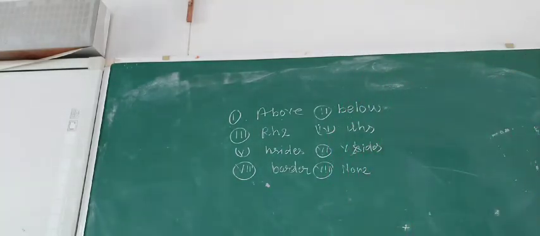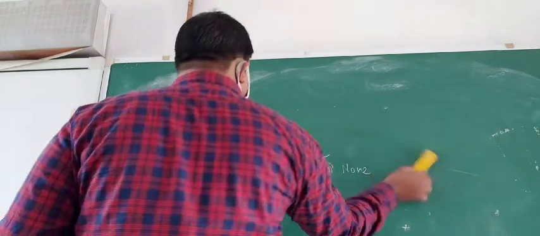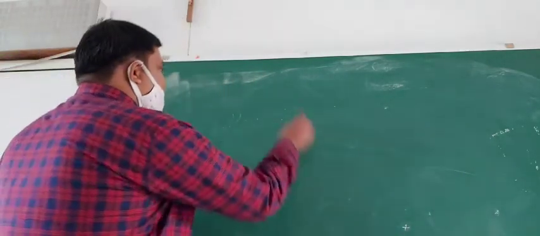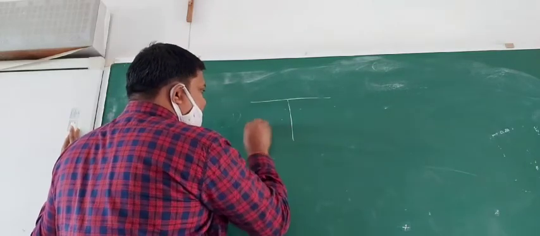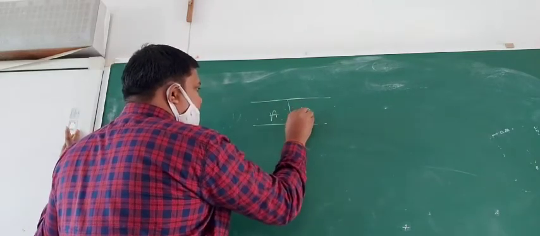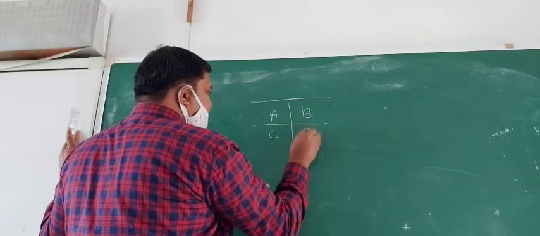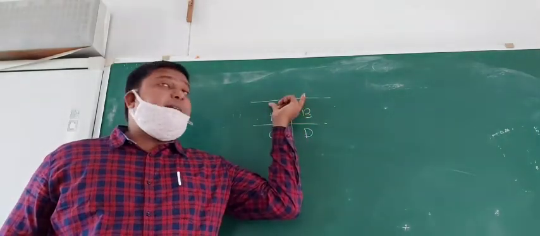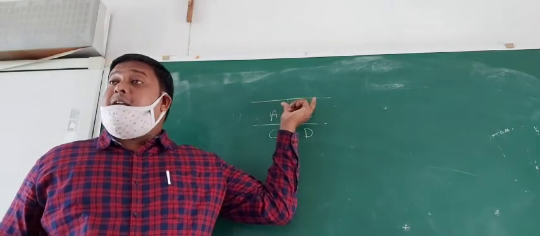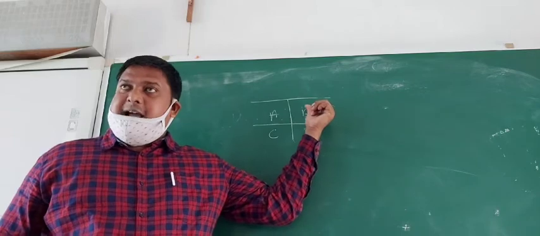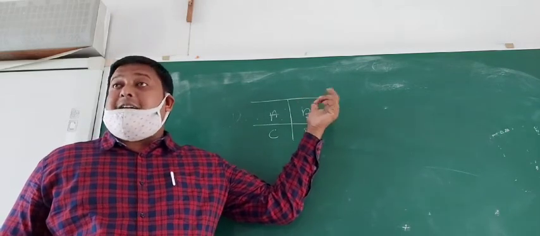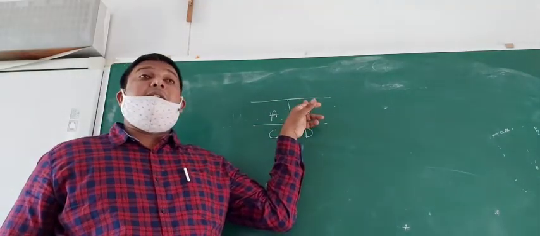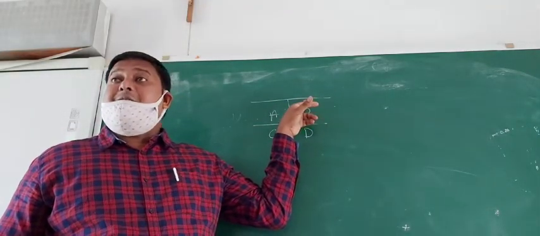Written? Now look here. According to these values, the table structure must be like that. A, B, C, D. If the tables are like that, which edges are visible? External edges, and in the external edges, the top side edge is visible.